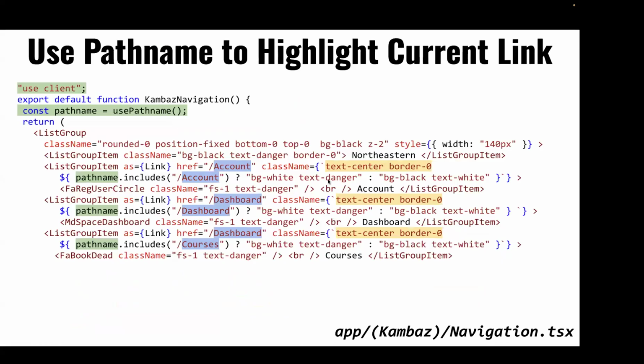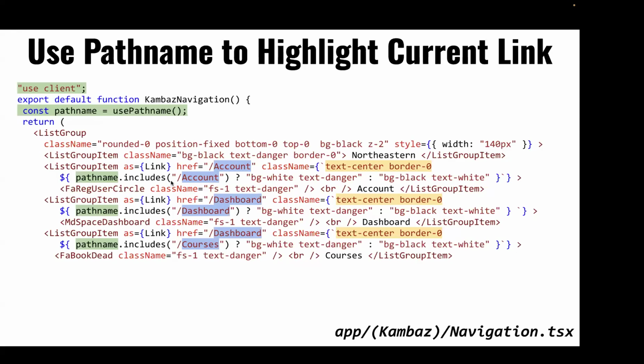So here we're grabbing the path name, and then we are going to apply a different set of classes depending on whether the path name matches a particular path name or a particular pattern.